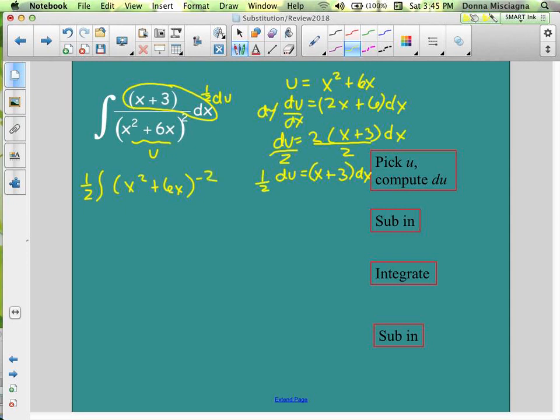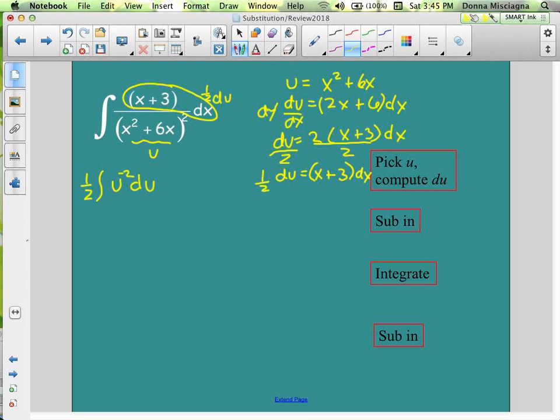Right, so now we will integrate. So that would give us 1/2 integral of u to the -2 du. We ended up with the same thing.